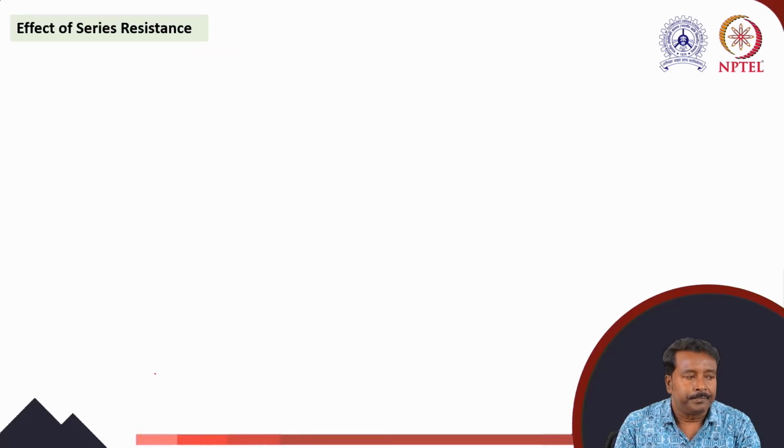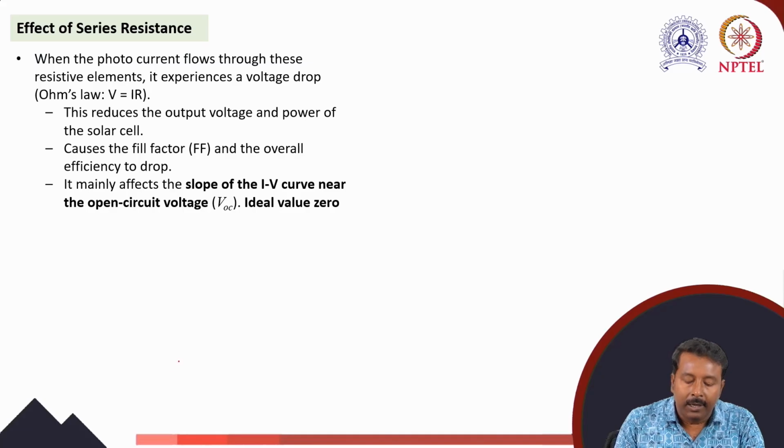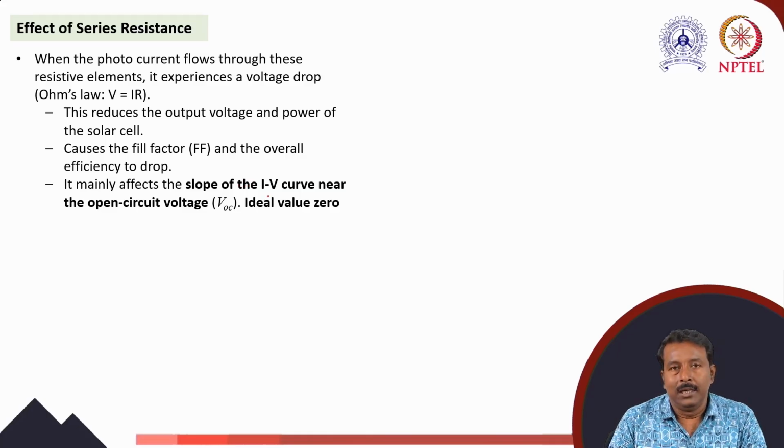When the photocurrent flows through these resistive elements, suppose Rs, then across this resistance there will be a potential drop. Obviously, because Ohm's law tells that V is equal to I into R. So whenever the photocurrent is passing through the quasi-neutral region and the resistance offered by this quasi-neutral region, say Rs, some potential drop, IL into Rs, will drop across that resistance.